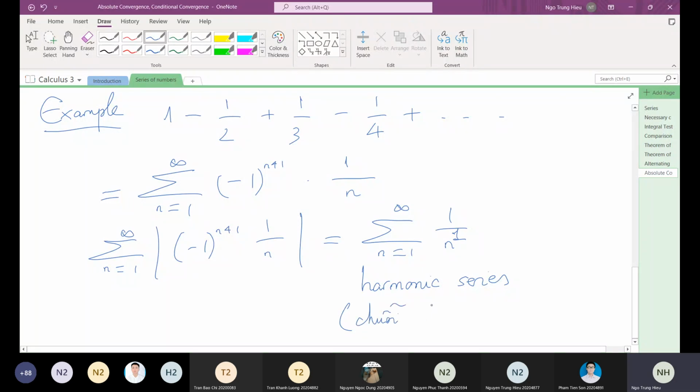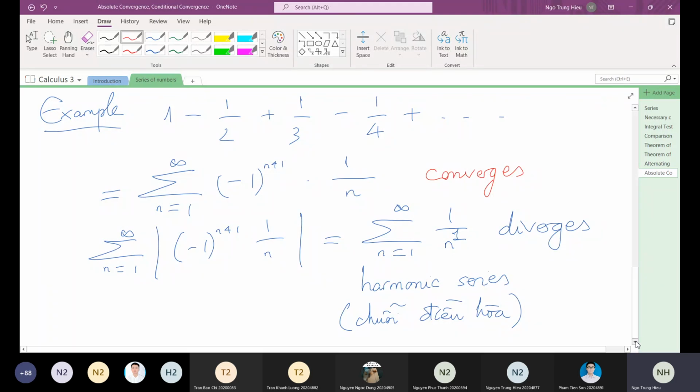Chuỗi điều hòa. This harmonic series diverges. However, the alternating harmonic series converges. We will see later that this converges. So the absolute series diverges, but the normal series converges.